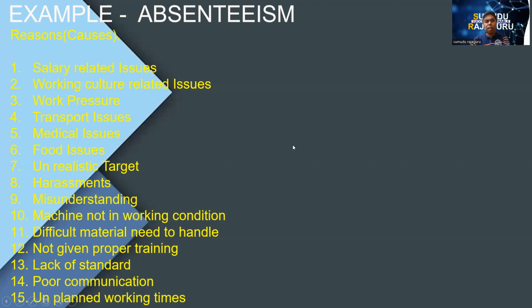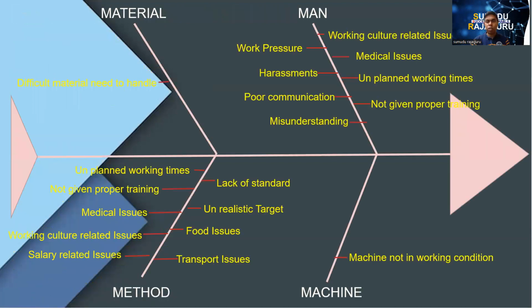Now, I have already categorized them using a fishbone diagram. As an example, we write the problem on the head: absenteeism, which I put as ABS. This is the problem. Whatever the identified possible causes, I have categorized into man, machine, method, and material.